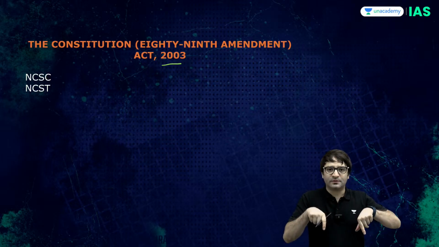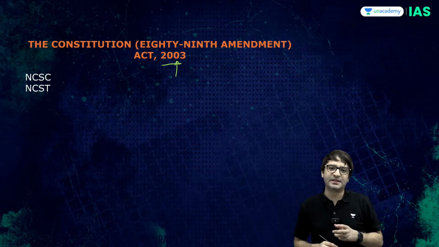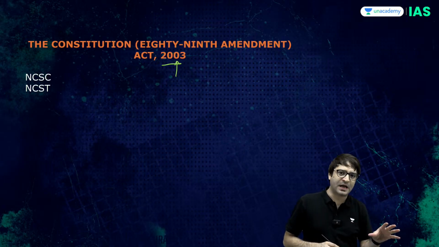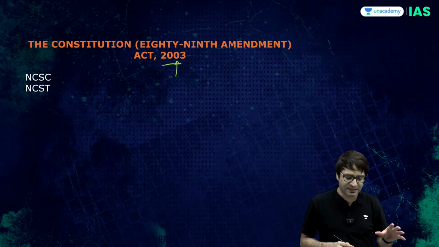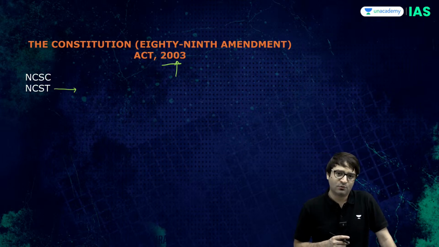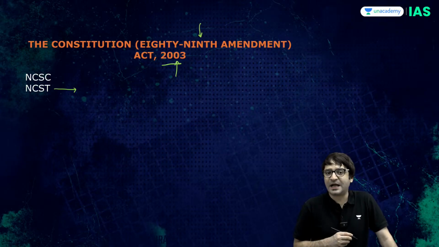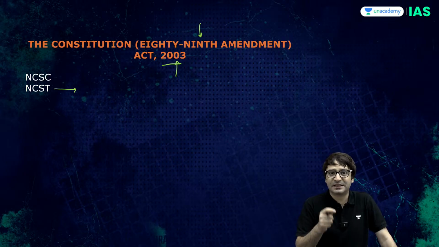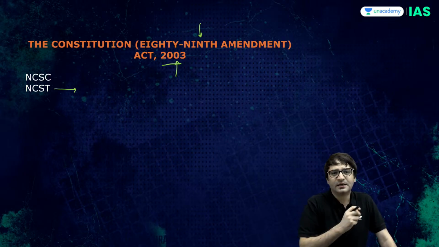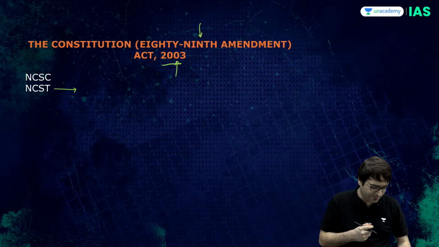But the bifurcation was done in the year 2003, when Article 338 said we will have a National Commission for the Scheduled Castes and a separate National Commission for Scheduled Tribes was created in 2003 because of the 89th Constitutional Amendment Act. Article 338A created a separate constitutional body called the National Commission for Scheduled Tribes. Clear? Very good, Tanmay.